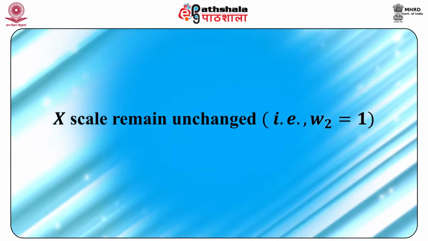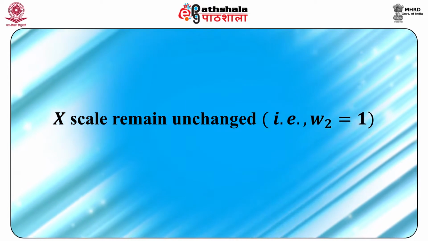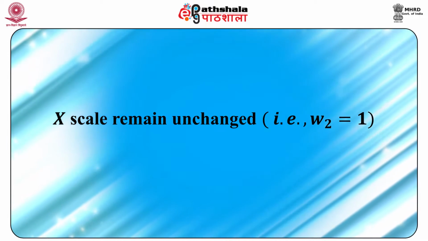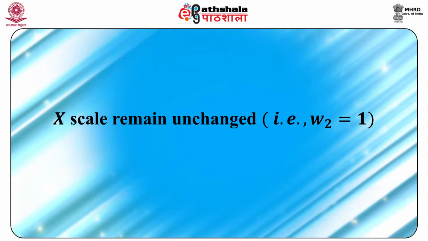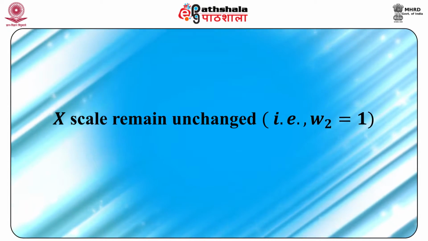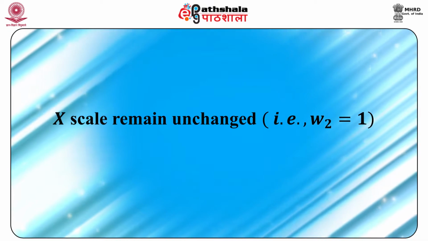Let us now look at some more special cases. Suppose the x scale remains unchanged, which means W2 is equal to 1, but W1 is W1, which means we have changed the scale of y but not the scale of x.